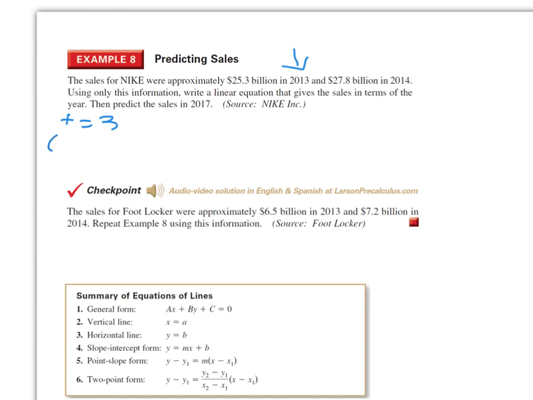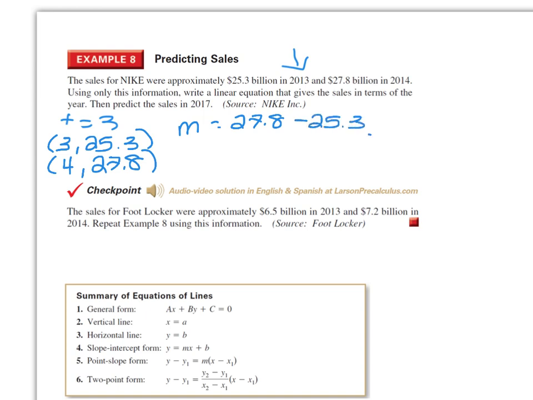When T is 3, it's 25.3 billion. When T is 4, it's 27.8 billion. So that means I can go ahead and get my slope. My slope is going to be 27.8 minus 25.3 all over 4 minus 3. So my slope is 2.5.